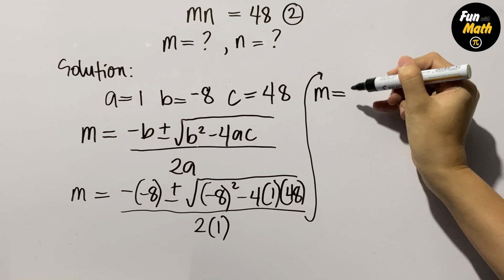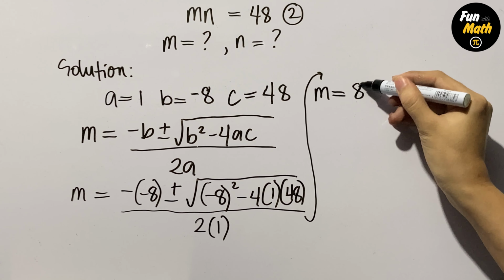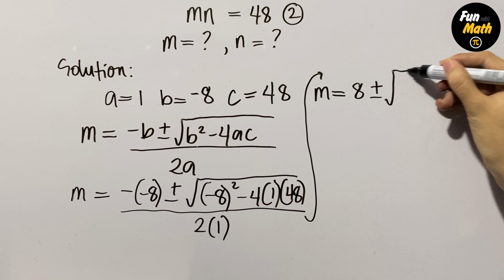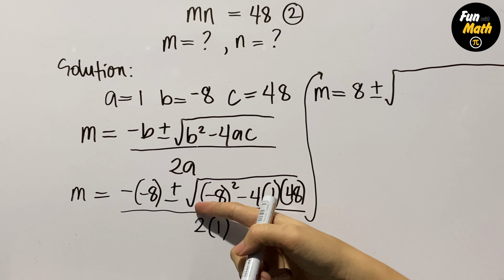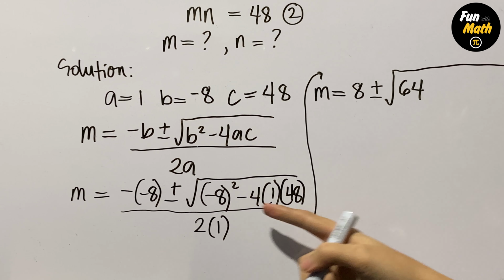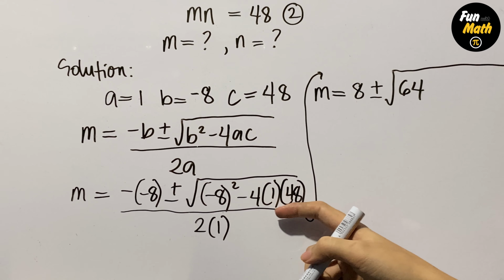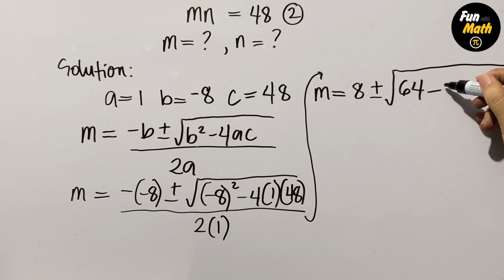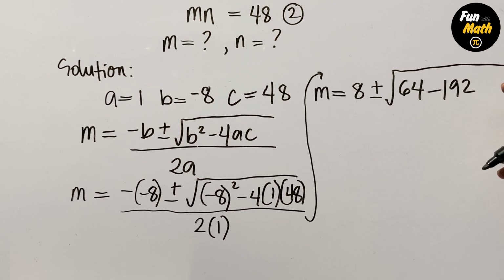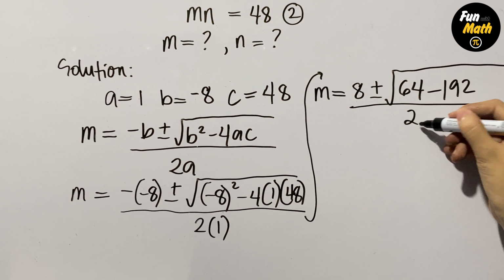And then next, m is equal to negative times negative 8, that is positive 8, and then plus or minus the square root of negative 8 squared, that is positive 64, minus 4 times 1, that is negative 4, times 48, that is negative 192, or minus 192, all over 2 times 1, that is 2.